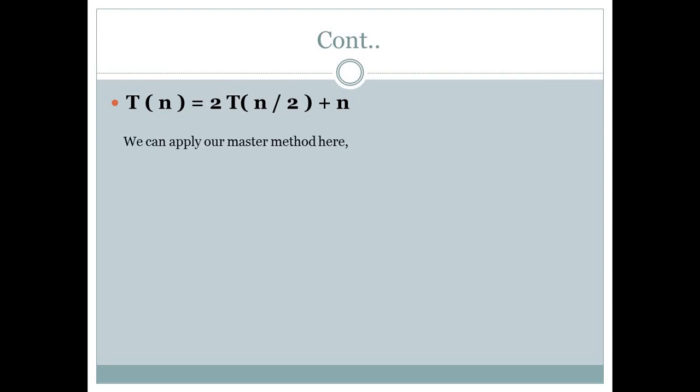After applying the master method, we find that case number 2 applies to this equation. Performing the master method, case number 2, we get its complexity of order theta of n log n. So this is the merge sort algorithm, and this is the analysis and time complexity of the merge sort algorithm.